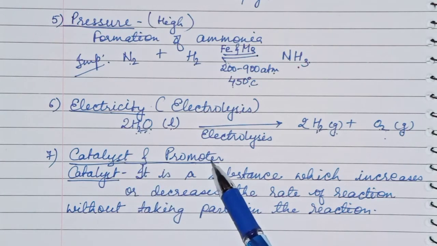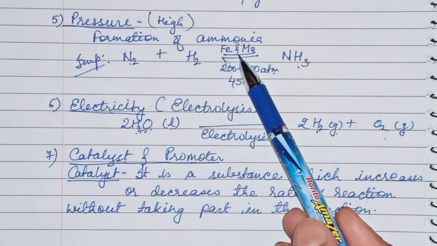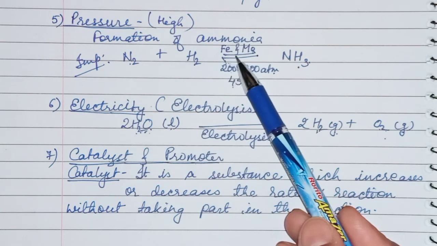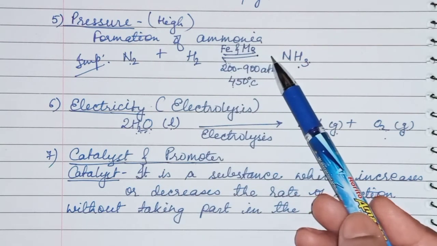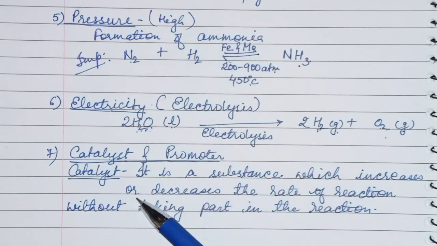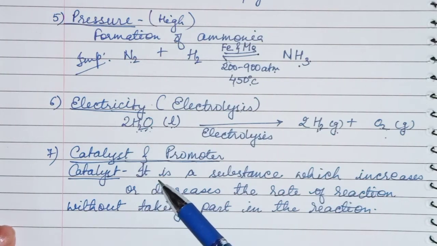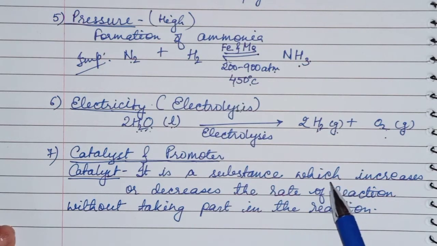Catalyst and promoter. Just now we have taken the example here, iron and molybdenum. So remember this reaction, children. It will be easier for you to understand catalyst. Catalyst is a substance which increases or decreases the rate of reaction.